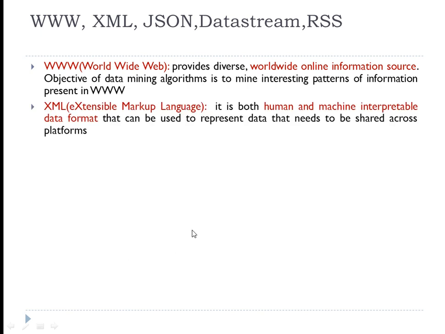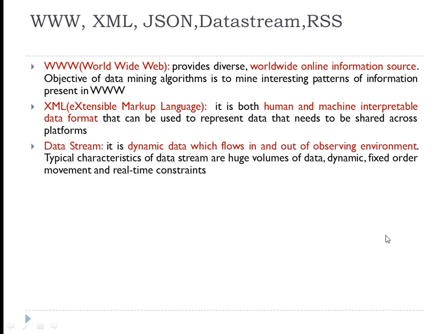The second one is XML. XML stands for Extensible Markup Language. This is very commonly used in machine learning. Most of the data we have is also in an XML format, and the advantage is that XML is both human as well as machine interpretable, and it can be easily shared across various platforms. Now how you can work with XML in your machine learning algorithms, for this also I will give you the link in the description box.